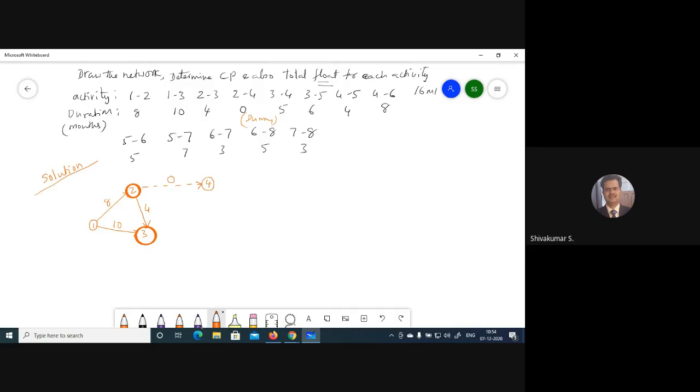Next, 3 to 4 is 5 months. Next, 3 to 5 is 5 months. Then 4 to 5 is there.